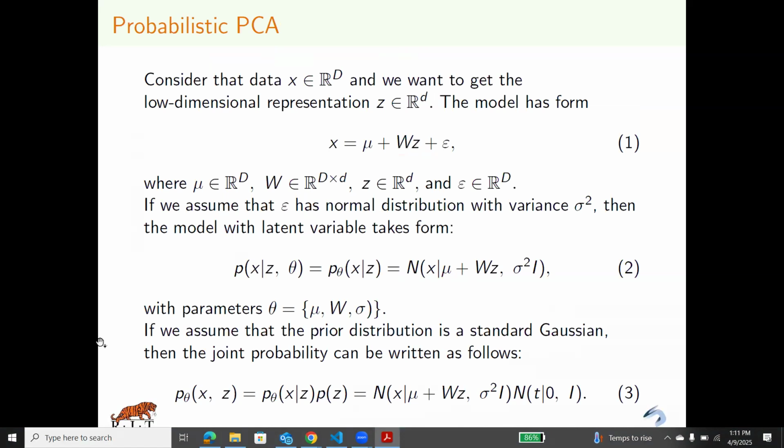Yeah, let's recall principal component analysis, the topic that we began our class with.